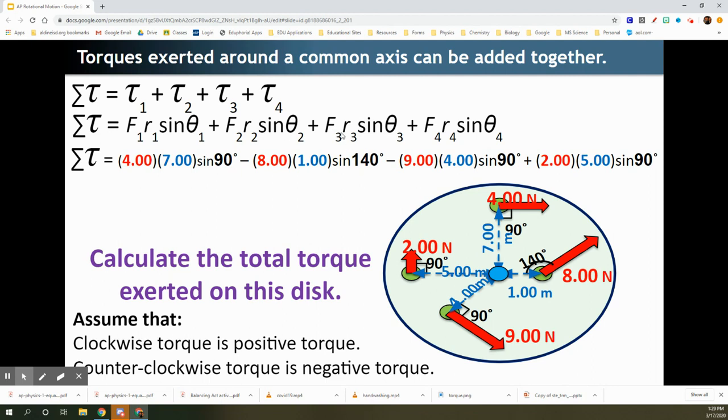Then going over here to torque 3, the one that is 9 newtons times 4 sine of 90, if we look at where that vector is, then that's moving counterclockwise as well. And then looking here at the last torque, where it's located is moving clockwise. So that's why we assigned it a positive number. So if somebody has their Desmos calculator or just a calculator, I would like to know what the sum of these torques is.